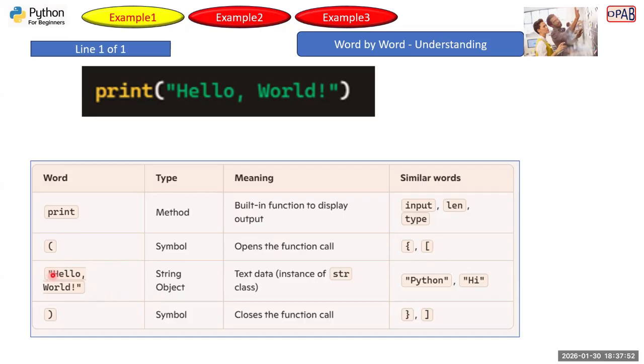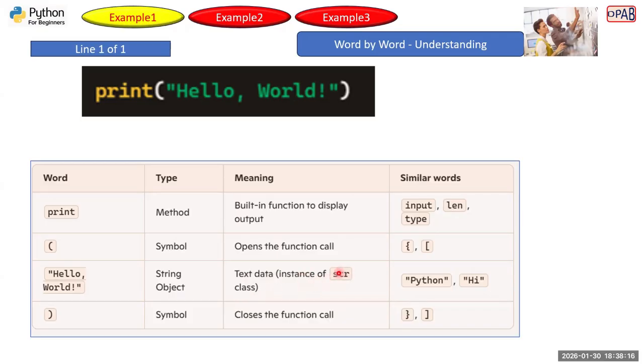We should be very careful in which case to use single quotes, because if you start with single quotes and friend has an apostrophe, then only the friend portion will be considered and the program will throw an error. So it is always better to make a string object within double quotes only. Okay. The meaning is text data, an instance of the str class.